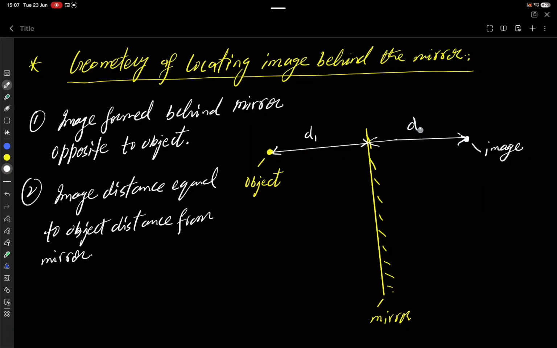So this is d1 equal to d2. So image distance from the mirror is equal to object distance from the mirror. And the third step is very important.